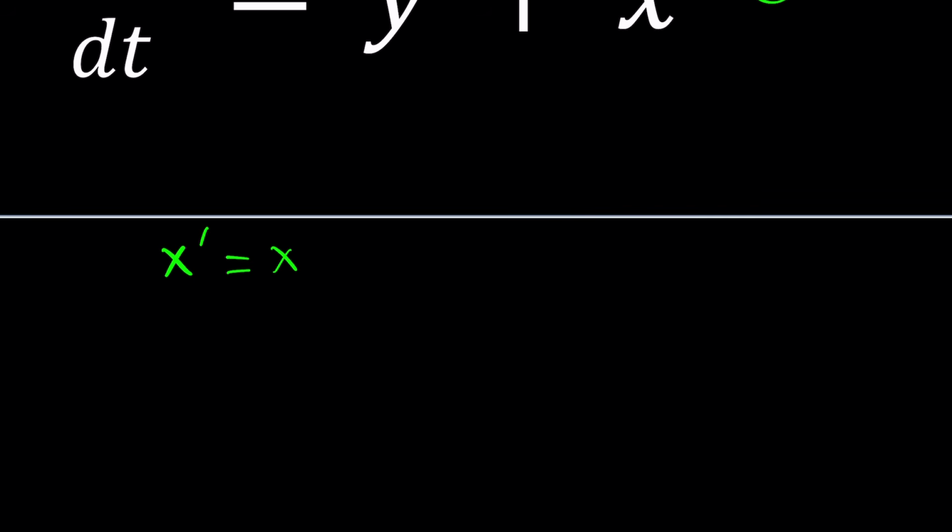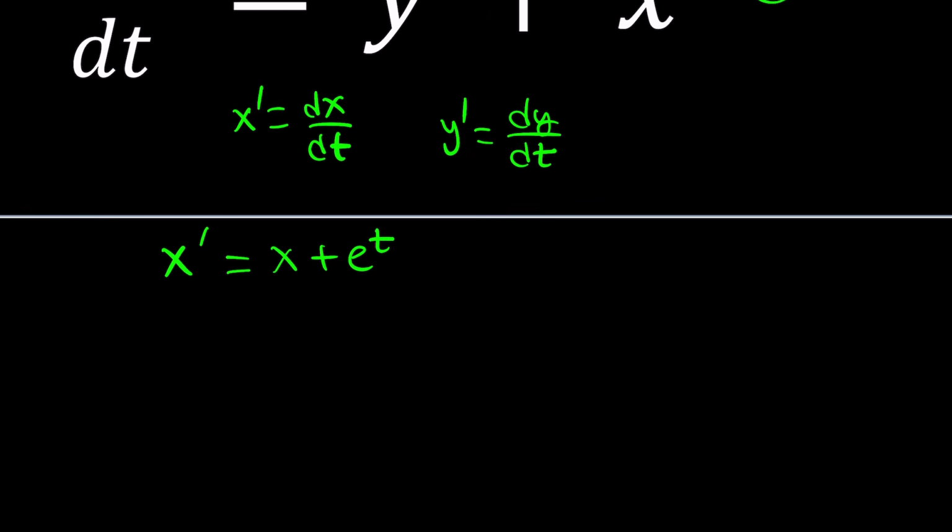This is by no means the derivative of x with respect to x, because that will be 1. This is the derivative of x with respect to t. Does that make sense? x prime is dx over dt, y prime is dy over dt, because they're both functions of t. Obviously, y and x can be indirectly related, but that's not our goal. Our goal is to solve for x and y in terms of t.